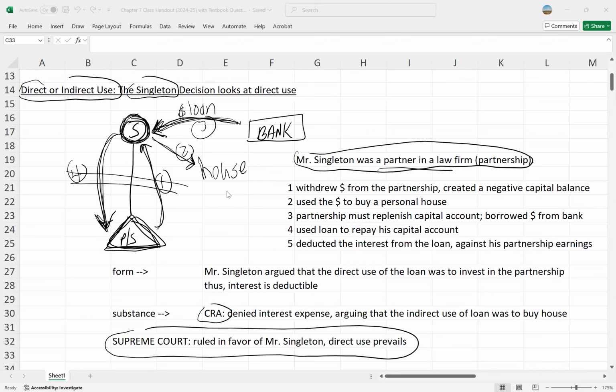But once again, it's a fairly detailed structure. This is just a very simple overview of it. There are still some accounting firms that will work with partners in a partnership to make this happen.